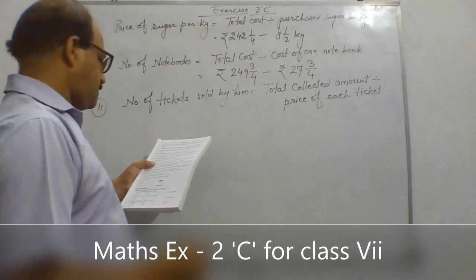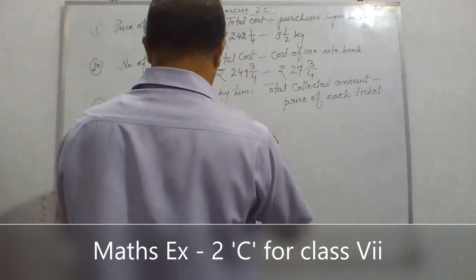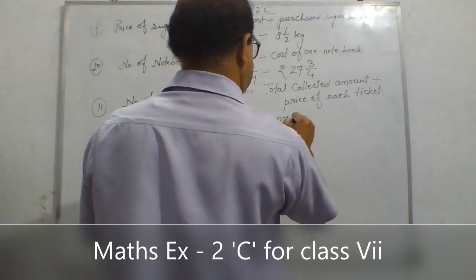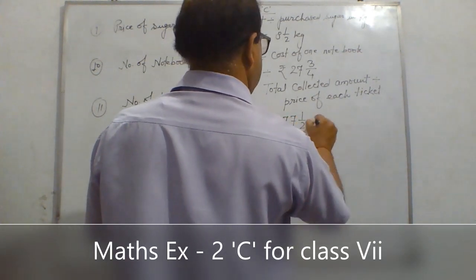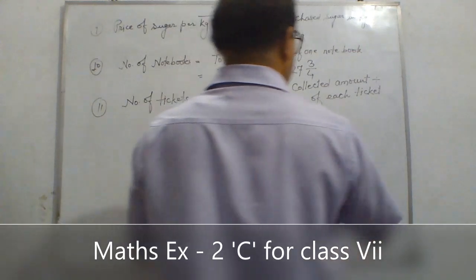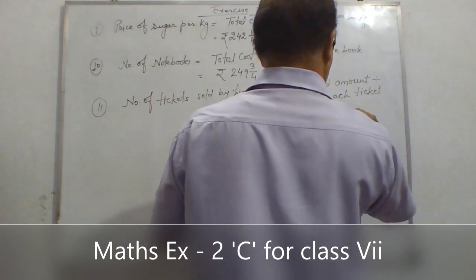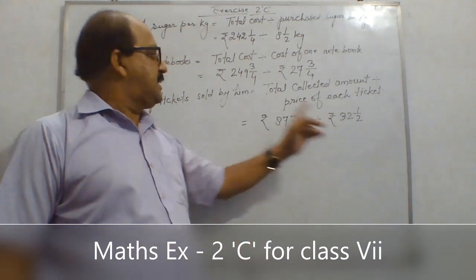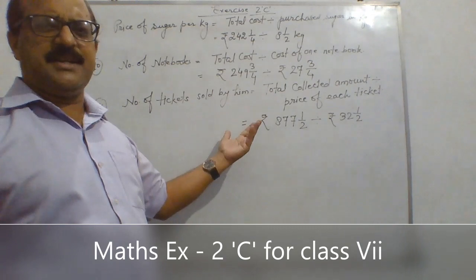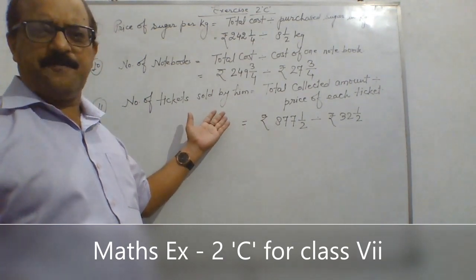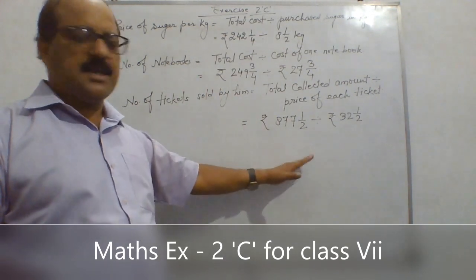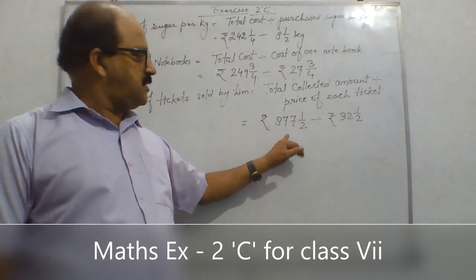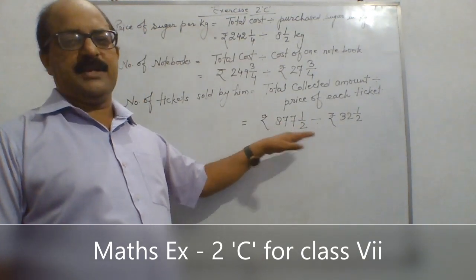Simple. Here, the total collection is 877 whole 1 by 2, and the cost of one ticket is rupees 32 whole 1 by 2. You may change the wording as you desire, but the simplification will be the same. When you solve it, you will get the answer.